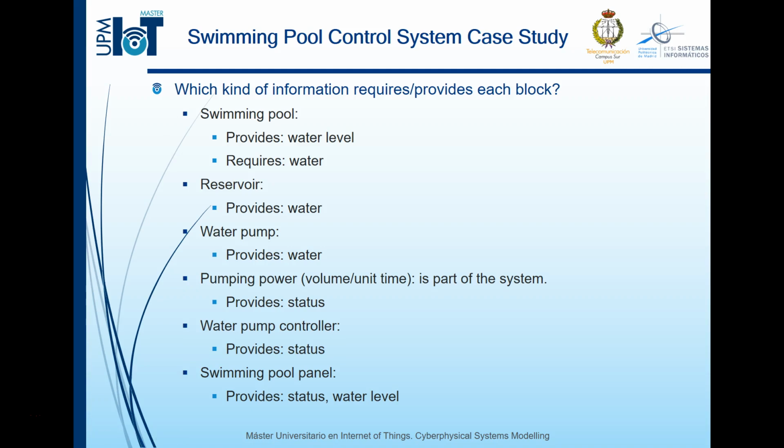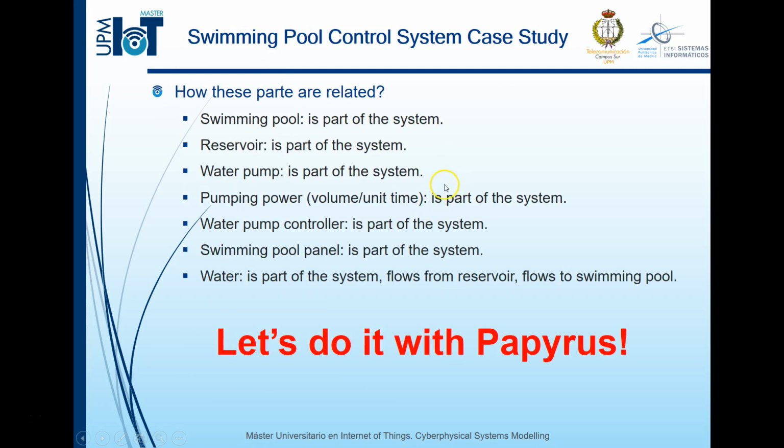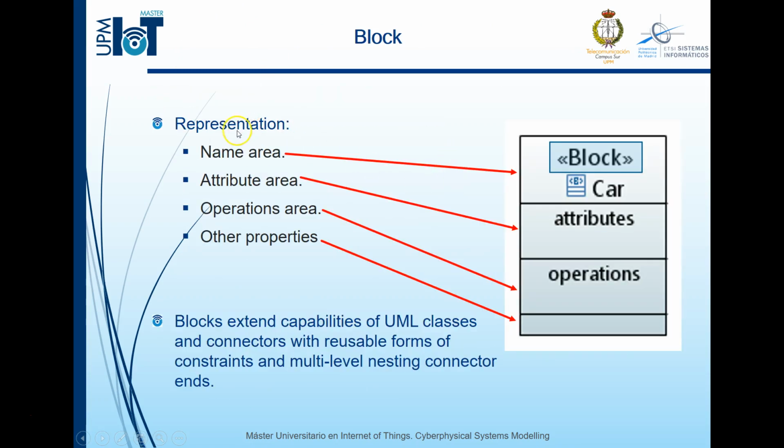It's important for us to start identifying which are the relationships between different blocks, to model which blocks are flowing in our diagrams and which information we are sharing between different elements. So if you remember, the representation for blocks is like a picture.